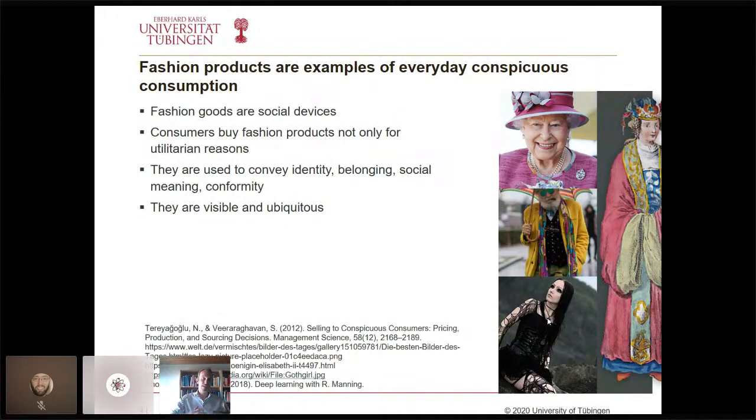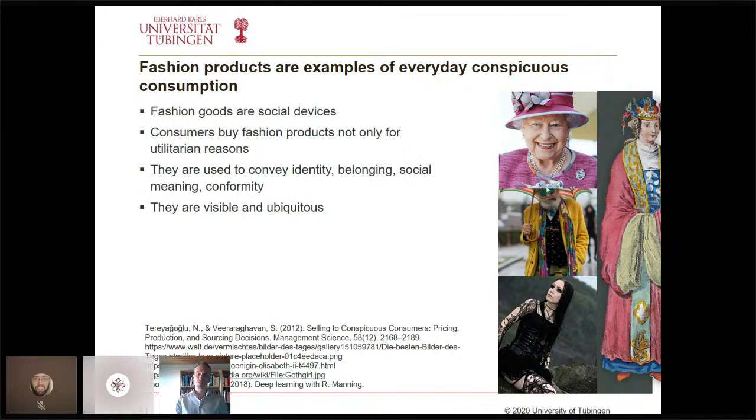That is one reason, but it's not the sole reason, but there are more social reasons attached to our fashion choices. So people use fashion to convey identity, to convey belonging, social meaning, conformity or disconformity. And they're visible and they're ubiquitous. So they're everywhere and visible. And that's the key point about fashion products, and that's why we are interested in fashion products.